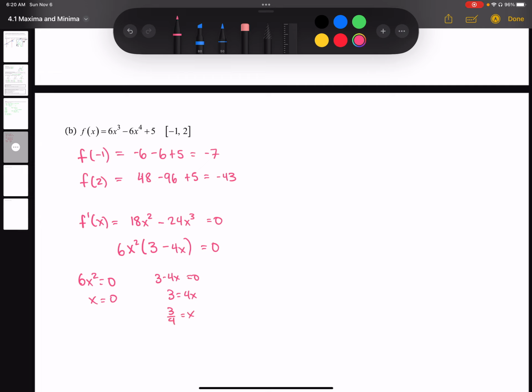So next we check our function at our critical points. f of 0 is 0 minus 0 plus 5, which equals 5. And then f of 3/4, I actually have no idea.